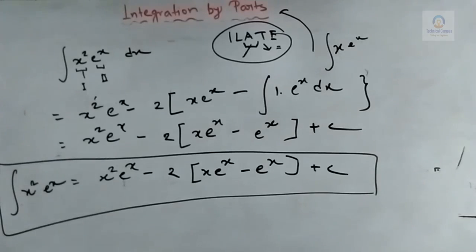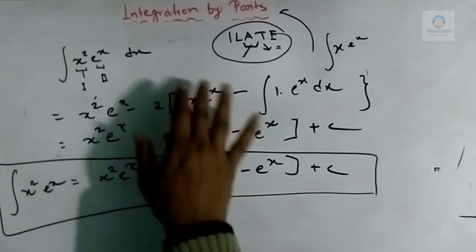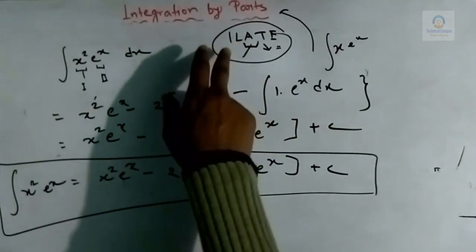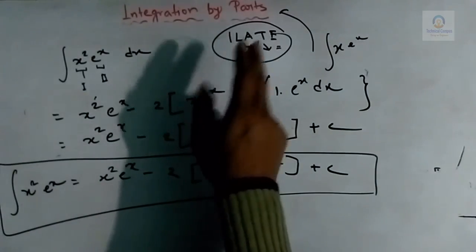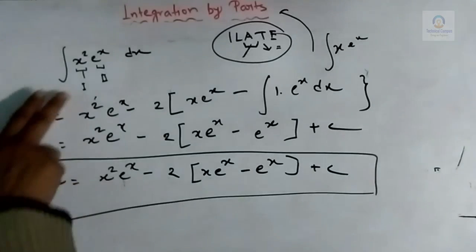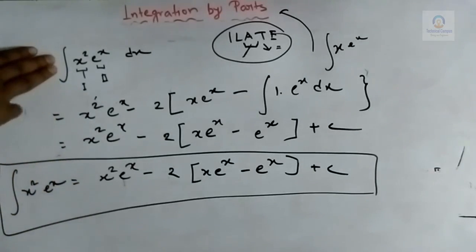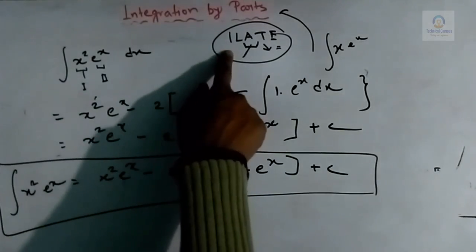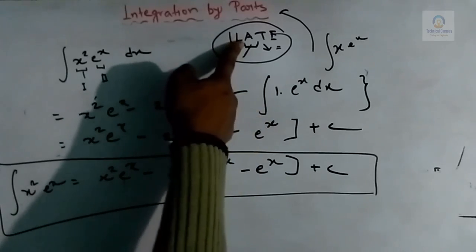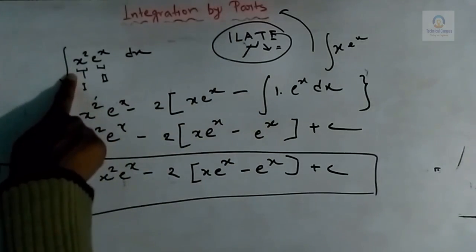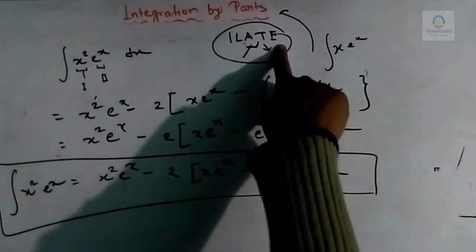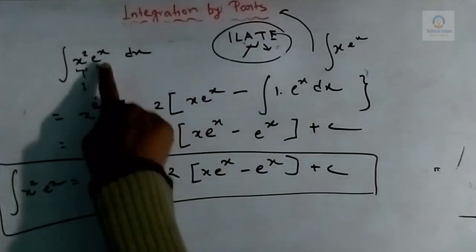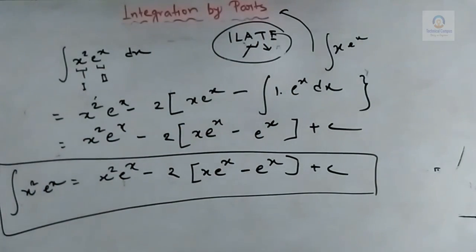In the formula of integration by parts there are two terms, the first function and the second function, and to choose the first function we follow the rule of LIATE, that is, we choose as the first function the one which comes first in the word LIATE. Here we have to find the integration of a product of two functions, one an algebraic function and one an exponential function. According to the rule of LIATE, A came first, so the algebraic term will be considered the first function and E, exponential, came after A, so we consider e^x as the second function. So this is the rule of performing integration by parts.